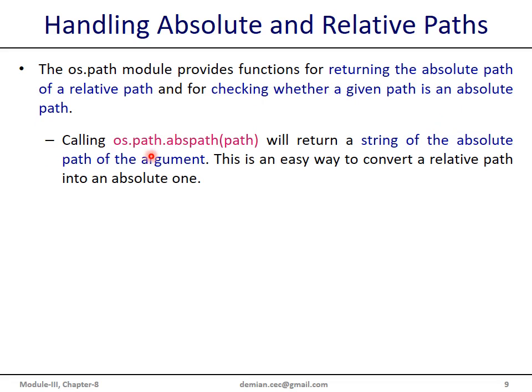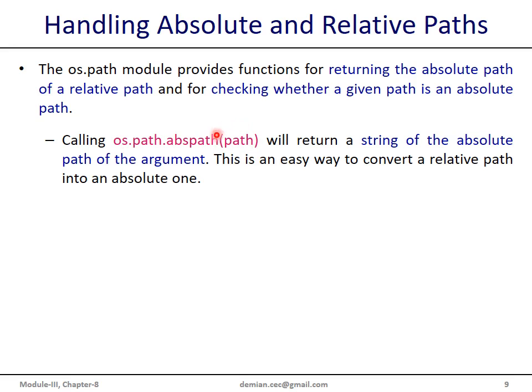We have the first function, os.path.abspath of argument path, which will return a string of the absolute path of the argument. This function is very useful to convert a relative path into an absolute path.